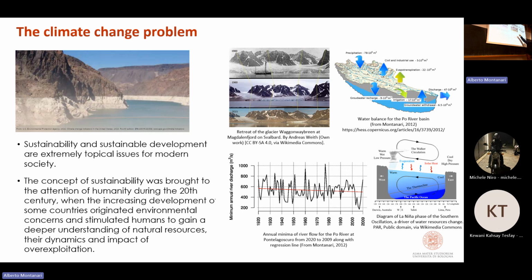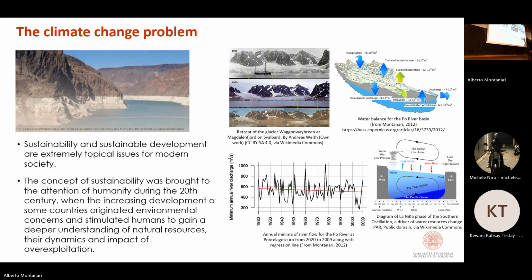In the center of the slide, the picture is showing the retreat of glaciers, with a sequence of pictures taken of the same glacier at Svalbard. So it's clear that global warming is there. We already discussed it, and it's an evidence.